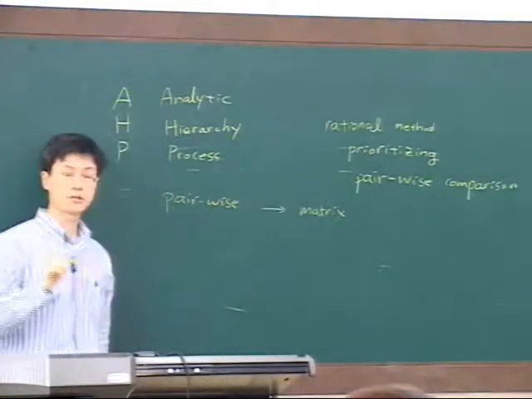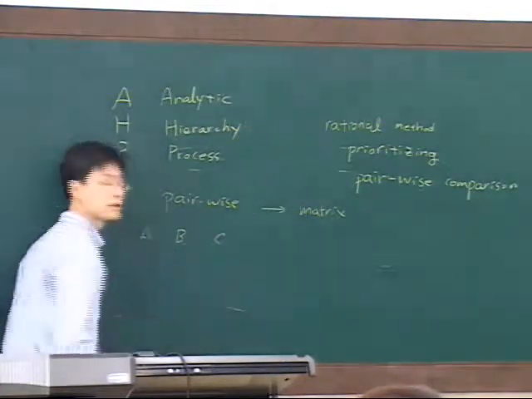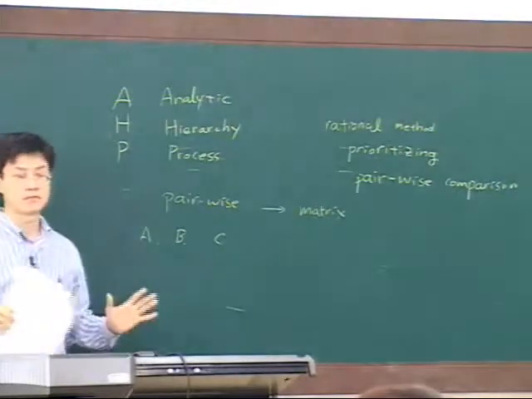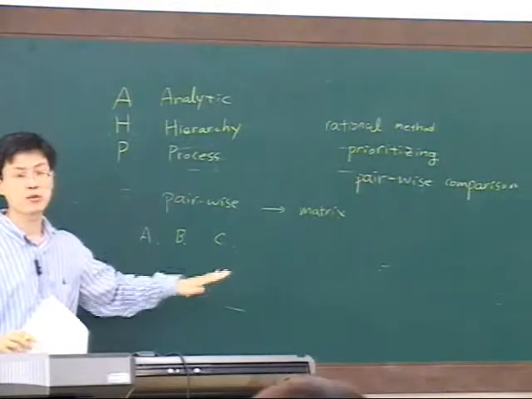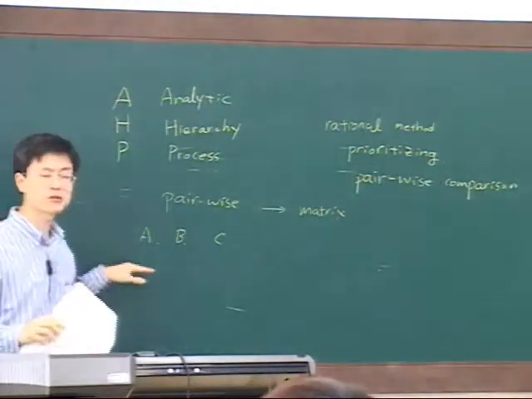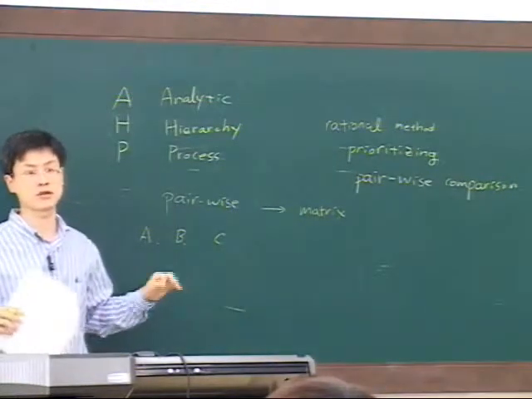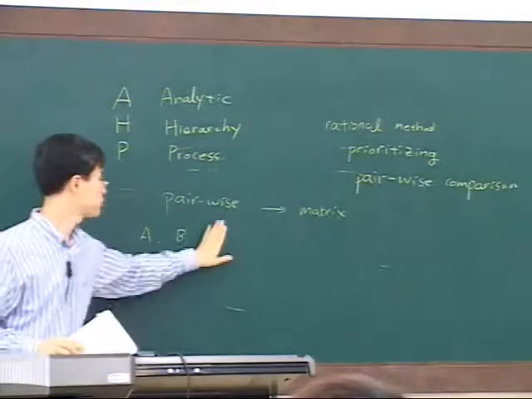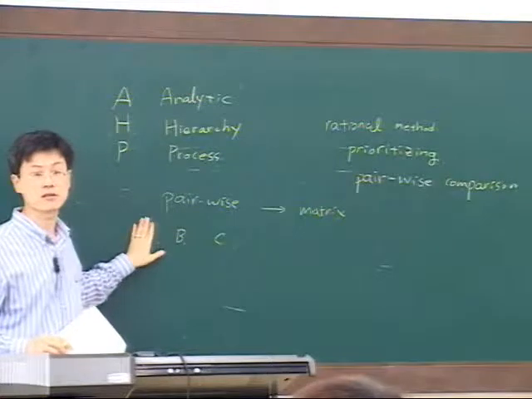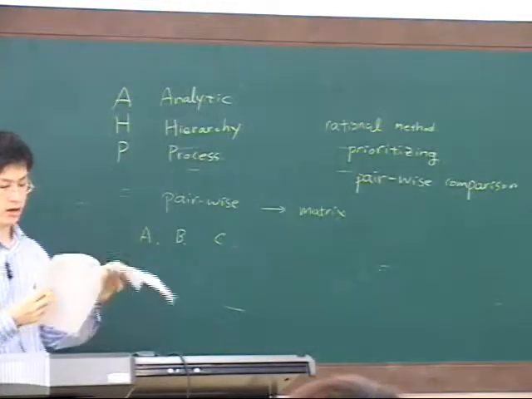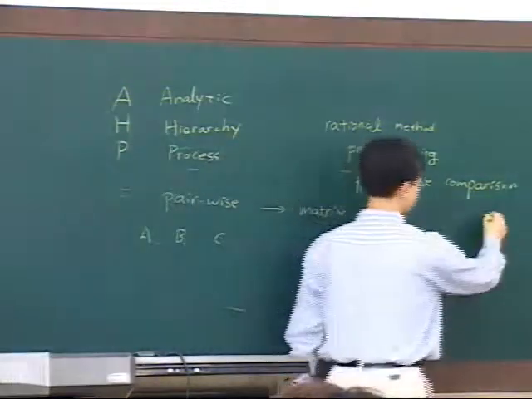For example, if you have 3 options, A, B and C, for illustration purposes let's assume it's really hard for us to choose one best option out of 3. But we can do the A-B comparison, A-C comparison, and B-C comparison. The idea is to make this kind of scale.